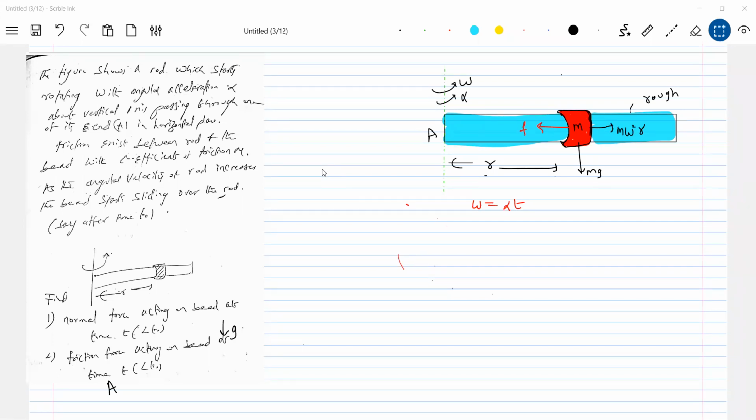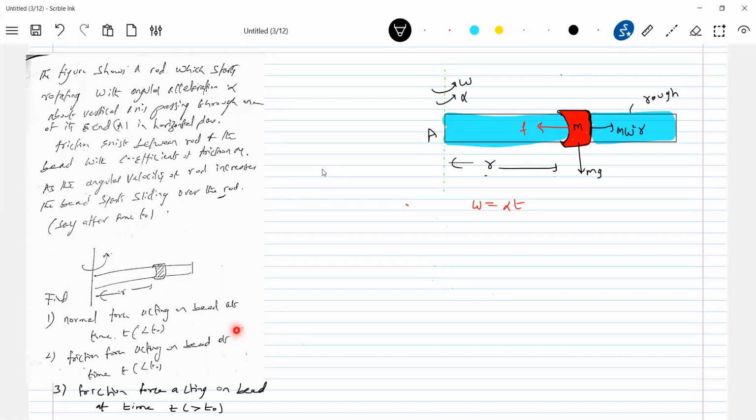So there are two cases. The first case, so I'll write one more. The third case, I'll write: frictional force acting on the bead at time t greater than t naught. And this is very important. I'll put a simplified one.